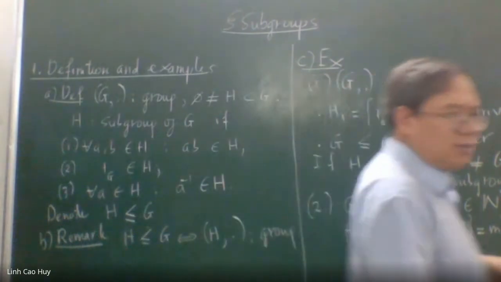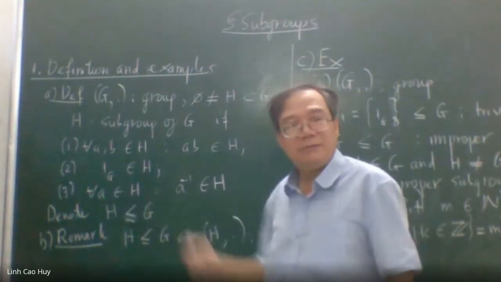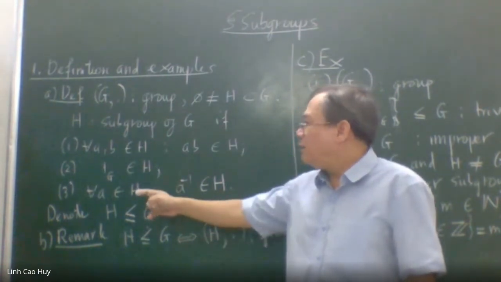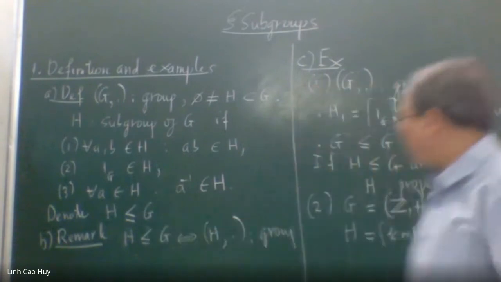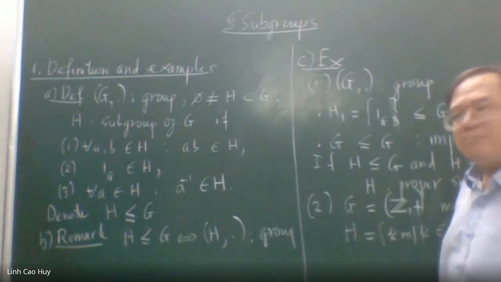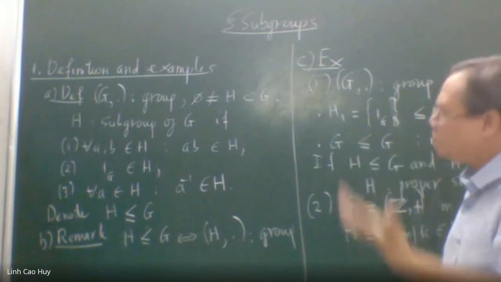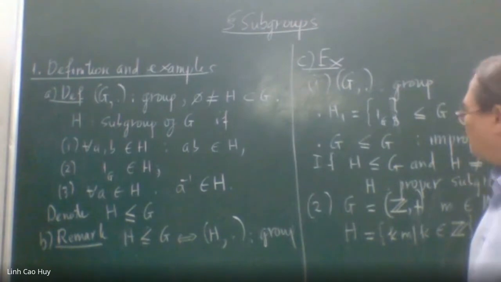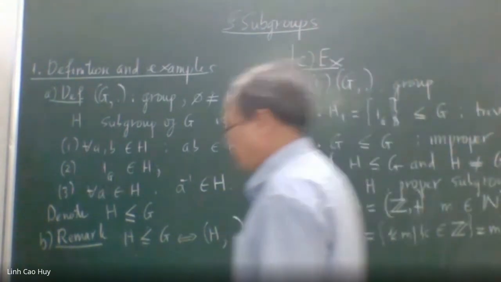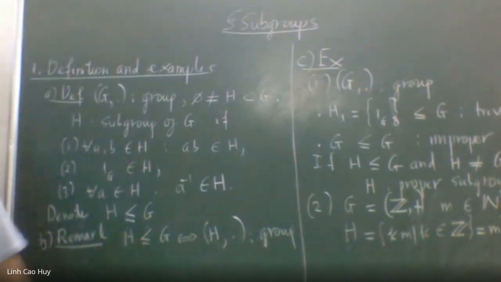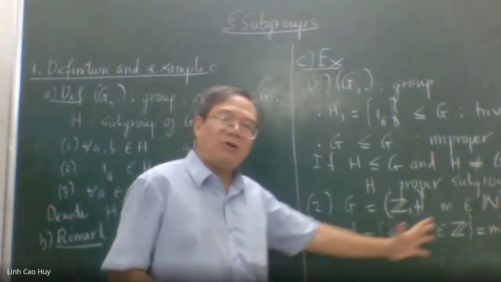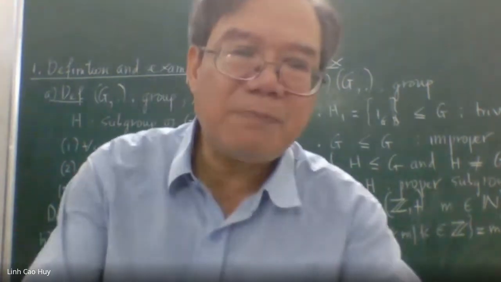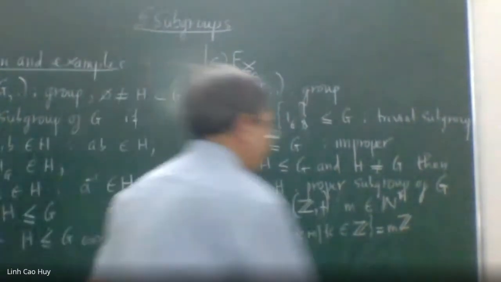And the final condition is satisfied too, because for any multiple of M, the negative is also a multiple of M. So it satisfies the three conditions, and it leads to the conclusion: MZ is a subgroup of Z.